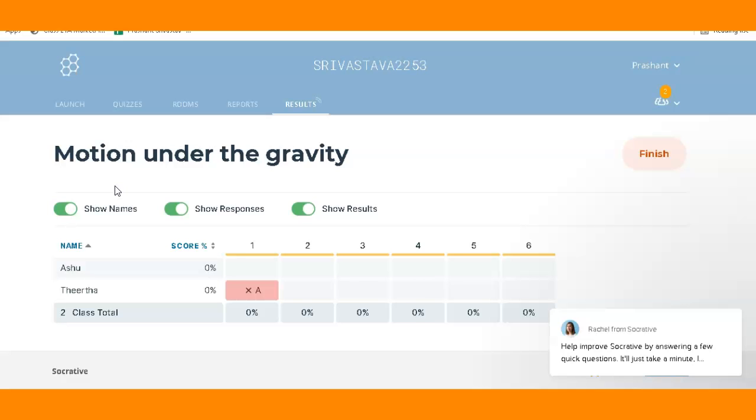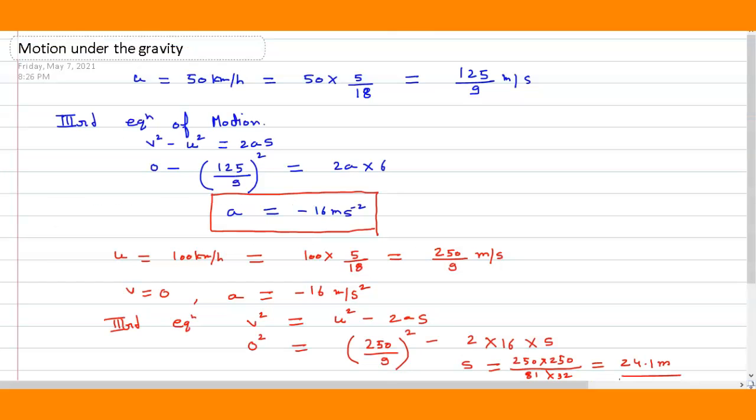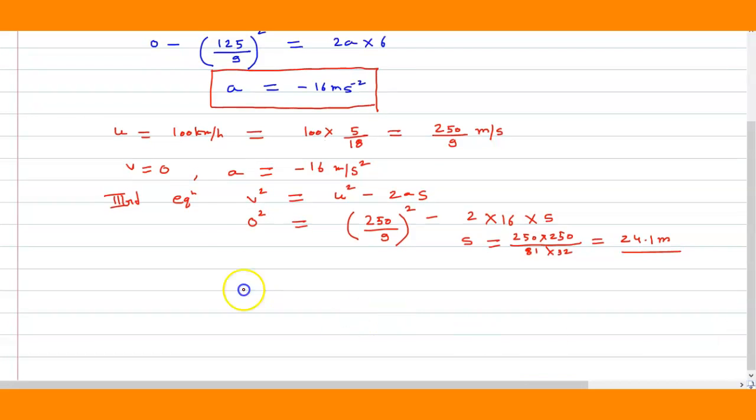Okay. First of all, we calculate the acceleration of the body. We know that acceleration a is equal to v minus u upon t. What is its final speed?